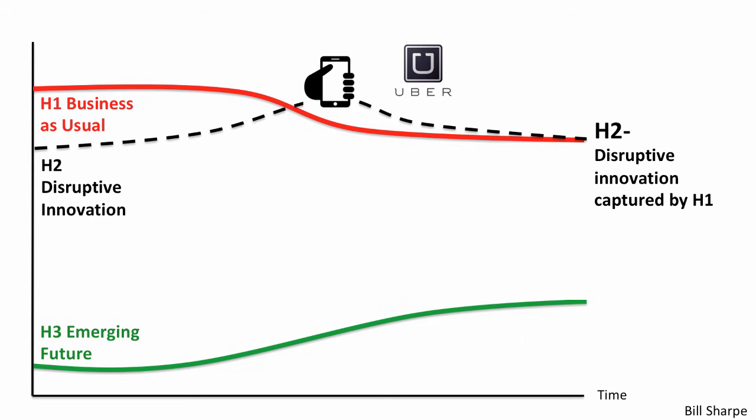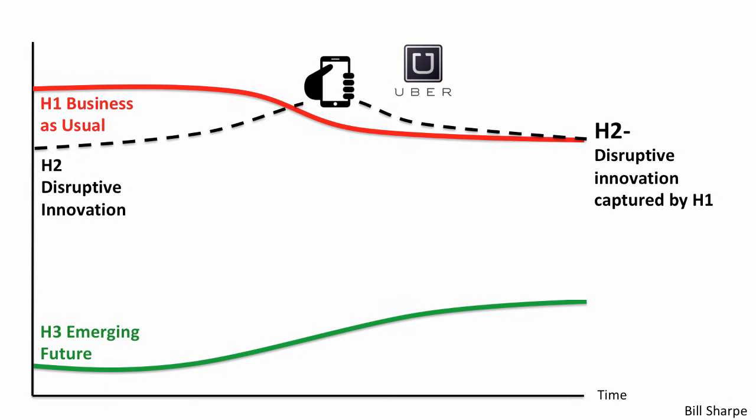This is known as H2-, innovation that has been captured by the old dominant structures in order to extend the life of the H1 economy. And since the innovation is captured here by H1, its energy is not being channeled into helping the new H3 economy to emerge, and so it doesn't.